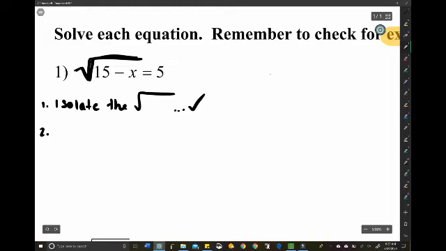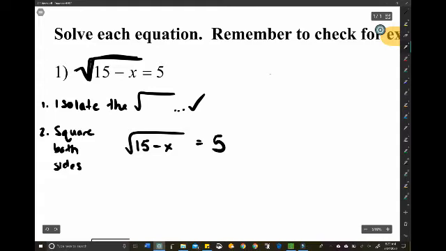So step 2 is we're going to square both sides. That looks like square root of 15 minus x equals 5.